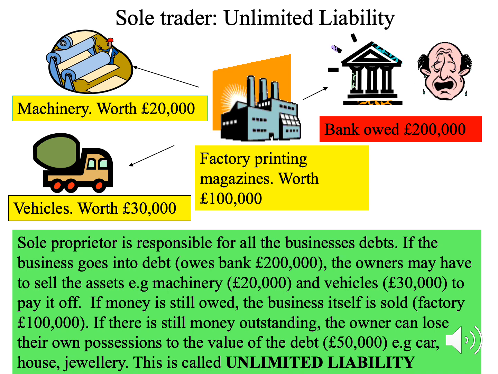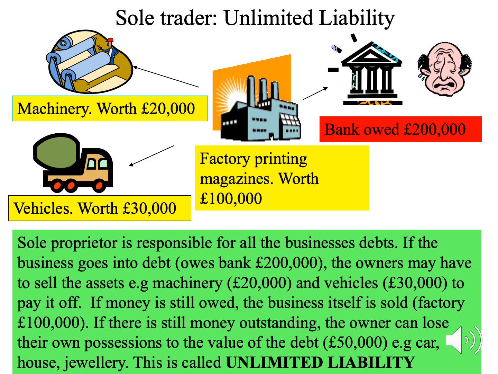Well, he can sell assets that the business has, okay, to partially pay that off. Right, now we can see the machinery is worth £20,000. Right, the vehicles are worth £30,000. Right, so there's £50,000 that can go towards paying off the bank the £200,000, but they still owe £150,000.